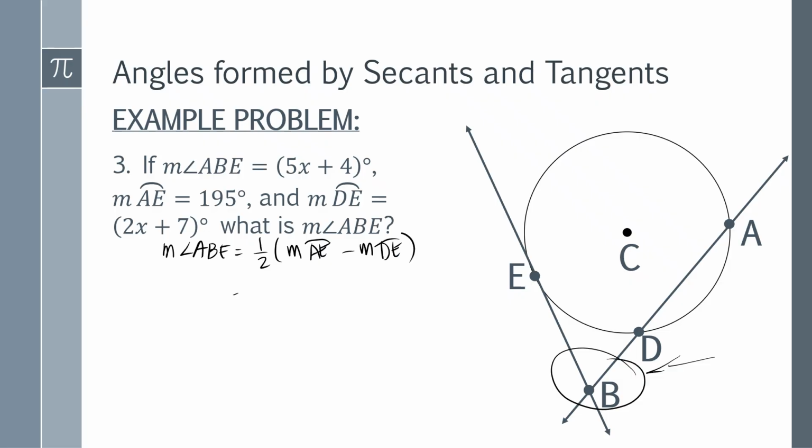Therefore, we have here one half times the measure of major arc AE, which is 195, minus, what is the measure? Oh, wait. I will erase first.